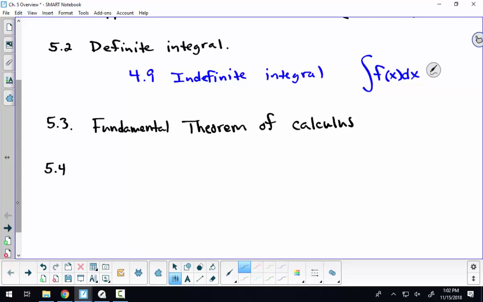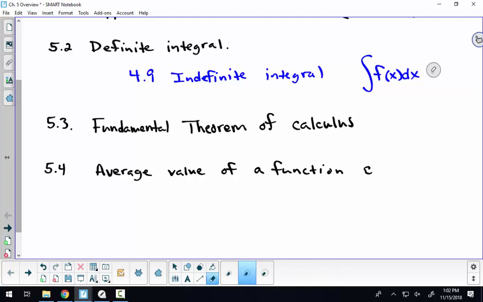5.4, it's called working with integrals, but we look at the average value of a function. There might be another component there, but that's the biggest thing we look at in 5.4.